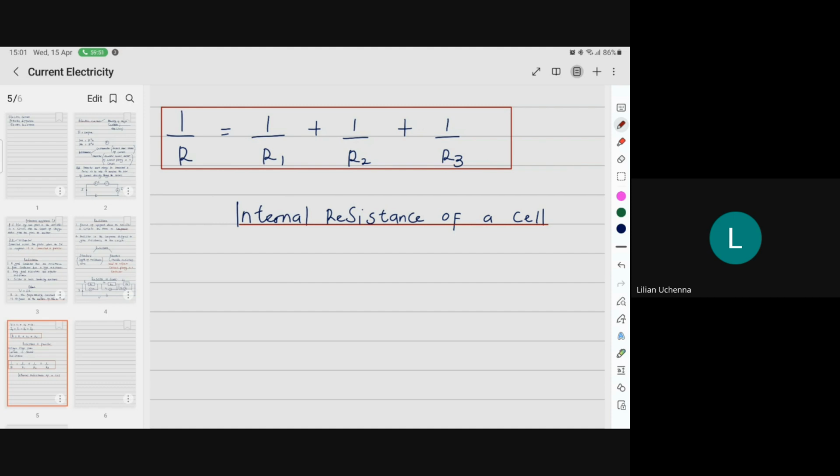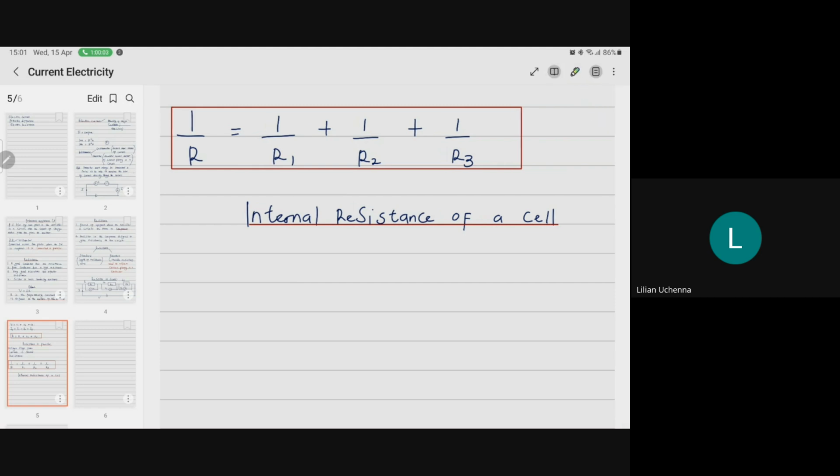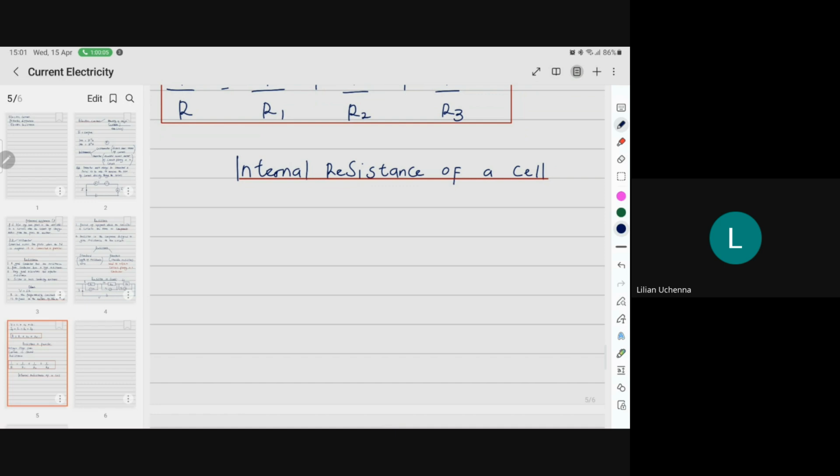It is important to know that the amount of the EMF that is delivered by a cell is not just dependent on the cell itself, it's also dependent on that internal resistance. So to save us time, I'll just make one statement here regarding internal resistance. I wish I had time to write everything down, and then we'll start explaining them one after the other. That would have been faster, and by now we should have been done.